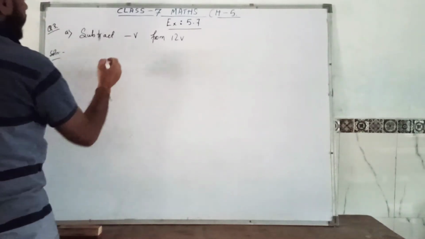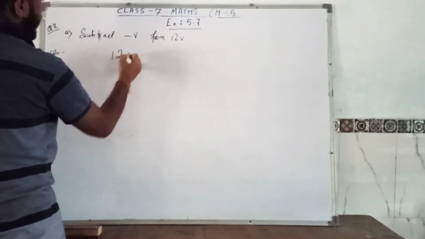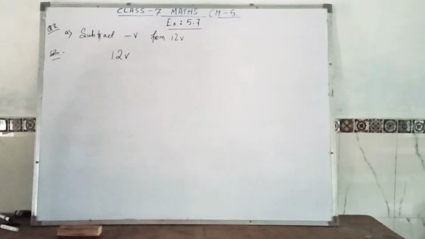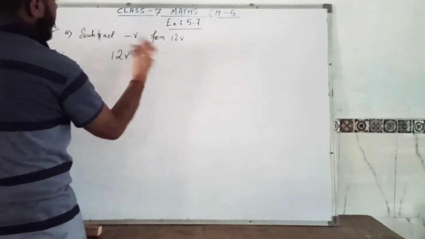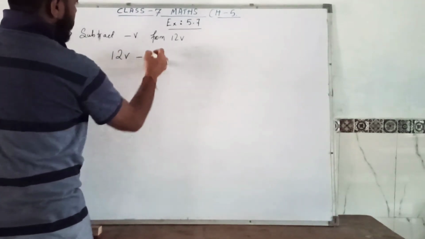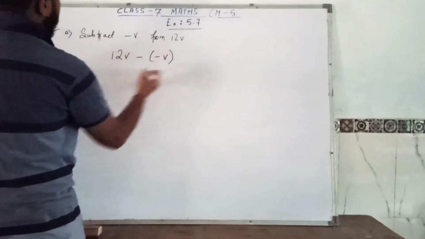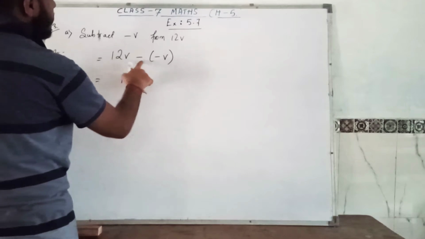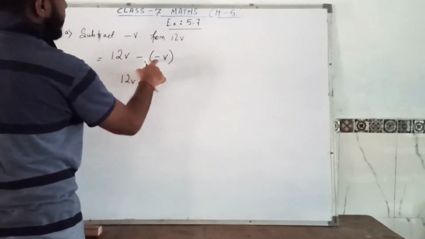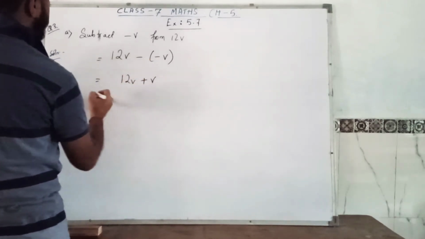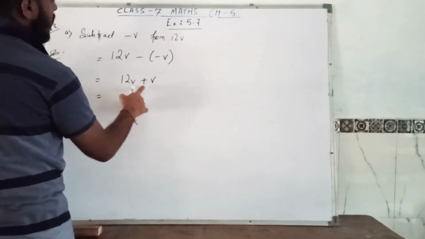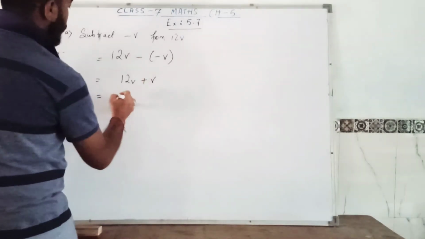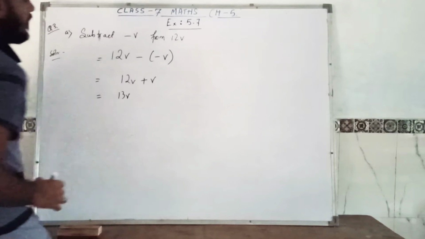That means your 12b will come first, then we will subtract minus b from here. So 12b, you remove this bracket, so minus into minus is plus b. So how much are you getting? 12b plus 1 time b will give you 13b.